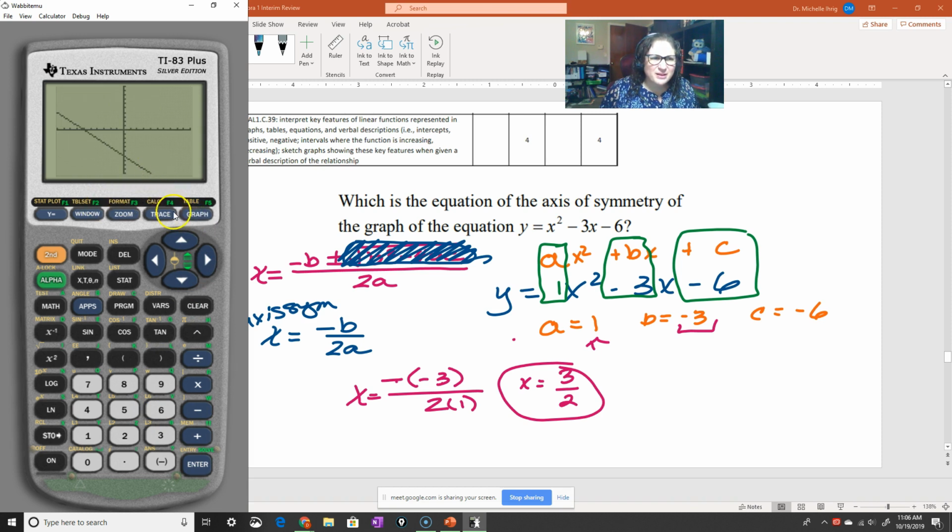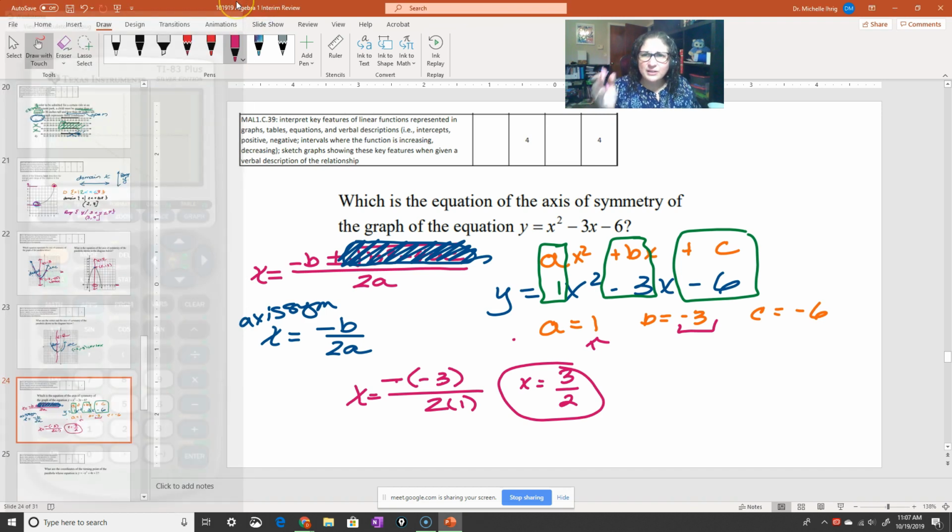Except I'm not in the right mode, I don't think. But that would have been another way. Not exactly sure why that's not working, but in theory, you could have done that too.